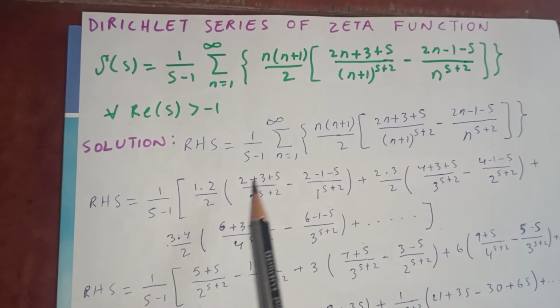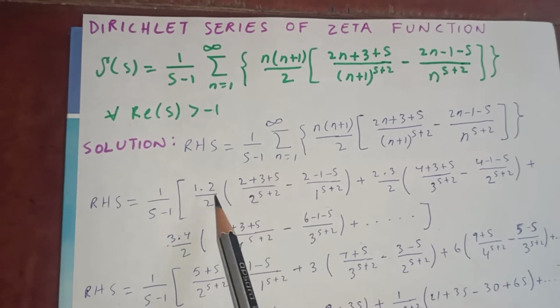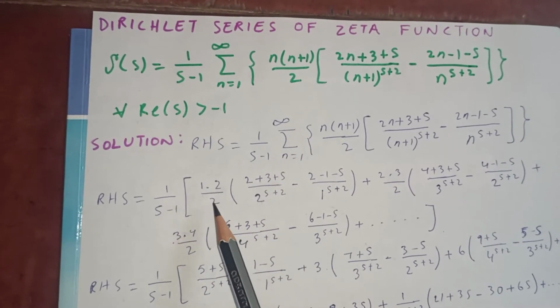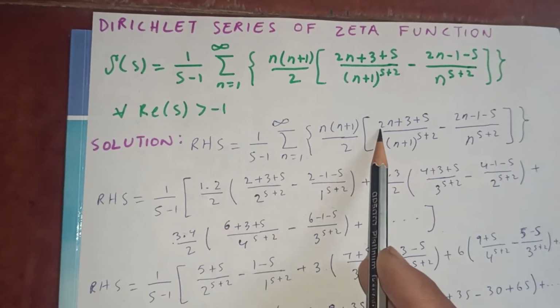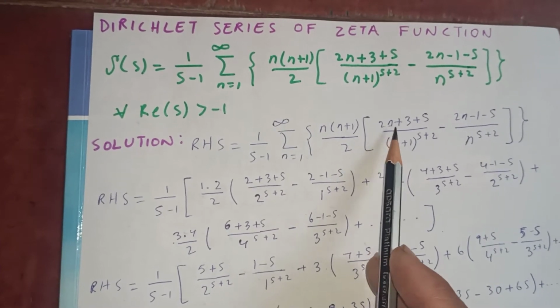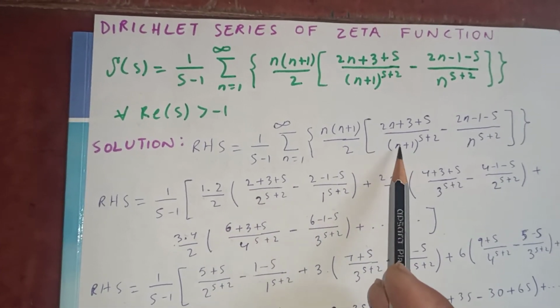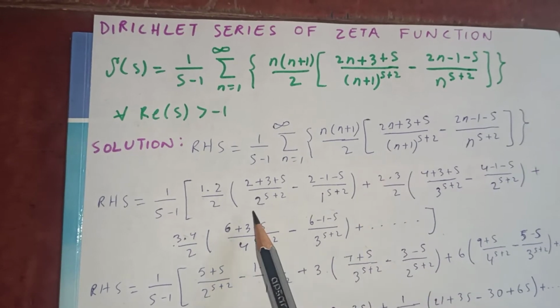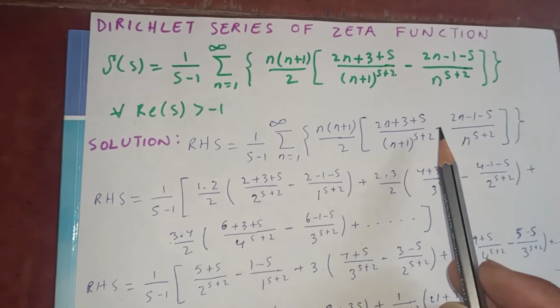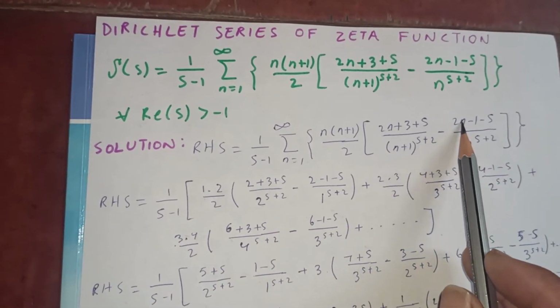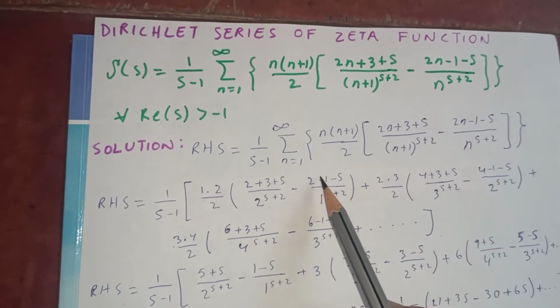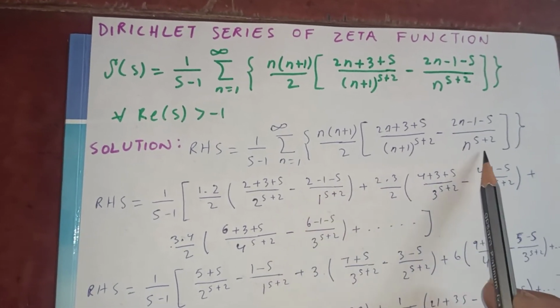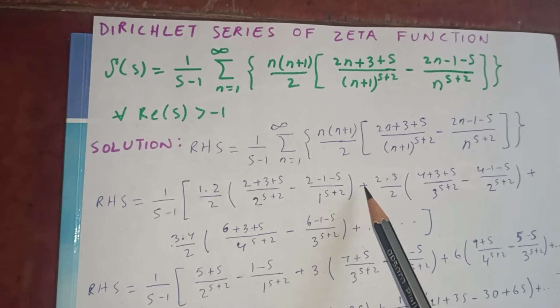So 1 over s minus 1, when you plug in n equal to 1, we get 1 times 1 plus 1 is 2 upon 2, times 2 plus 3 plus s upon 1 plus 1, 2 to the s plus 2, minus 2 minus 1 minus s upon 1 to the s plus 2, plus.